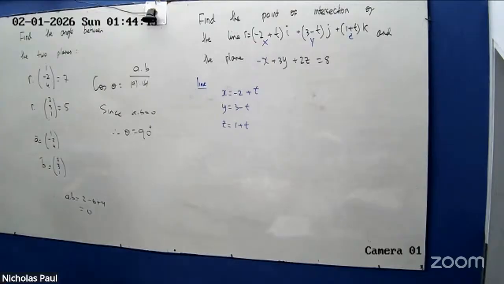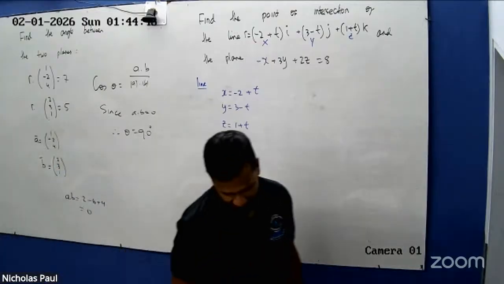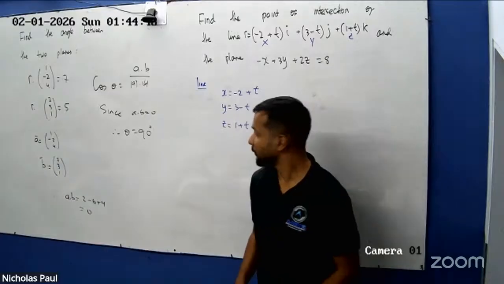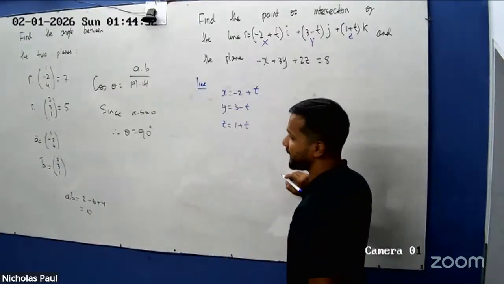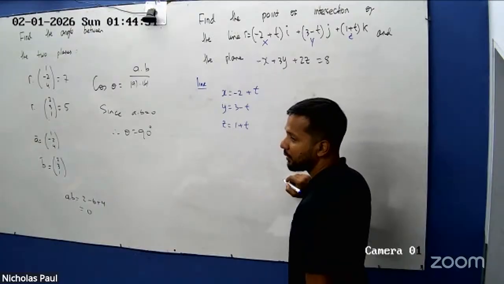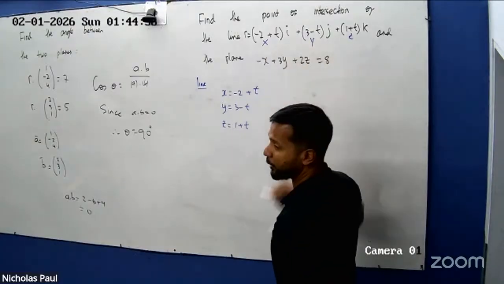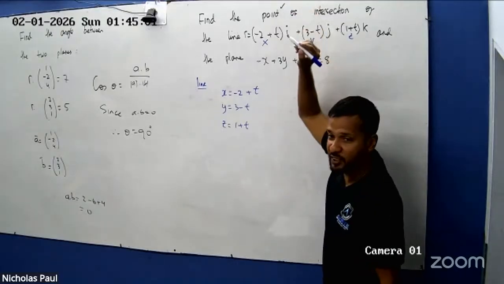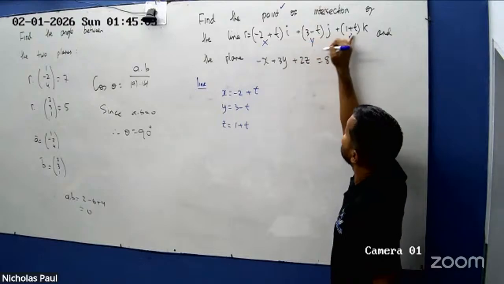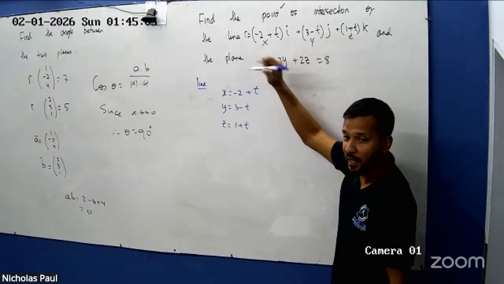So negative 40. Put it back in here, right? Still get the point. Remember the point of intersection, yeah? So after you figure out t, put it back in here and get the point. Okay?